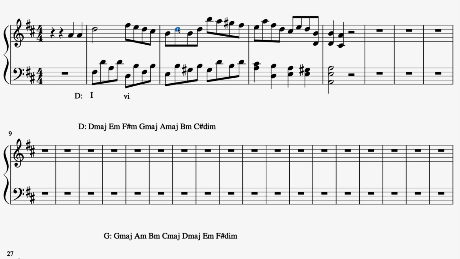D natural is also in here. That makes E, G sharp, B, D. That is a big old 7th chord as a dominant chord. But that's on E, right? Our big dominant chord is always the 5, so that's going to be on A. So this is not in key, which we knew because we see this G sharp here.